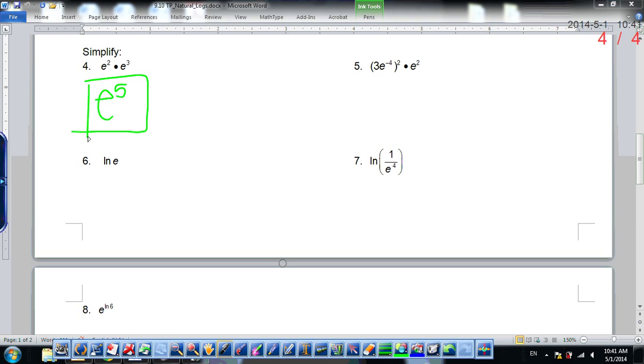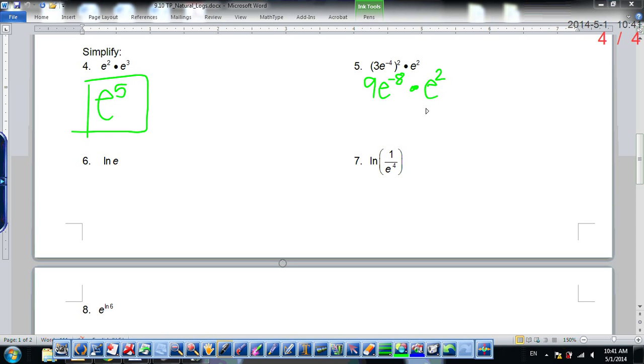All right, look at 5. 3 times e to the negative 4th, that quantity squared, times e squared. What would I do first? I distribute the square. Okay, if I distribute the square, what am I going to get? 9e to the negative 8th power times e squared.